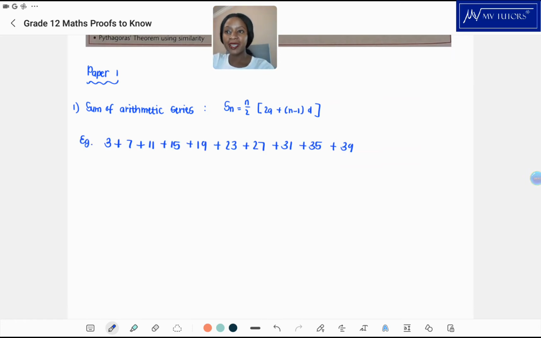Before I show you how to do the proof, I'm going to start with an actual example, so that from there we can see how to derive the formula. At the end, we either want to get to this formula, or there's another, shorter version where you have n over 2 and then the first term and the last term.